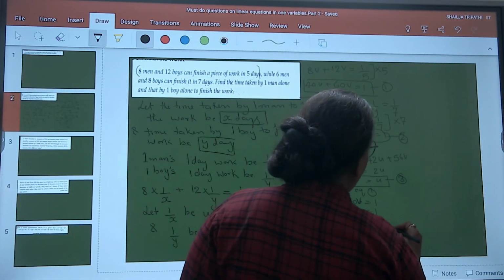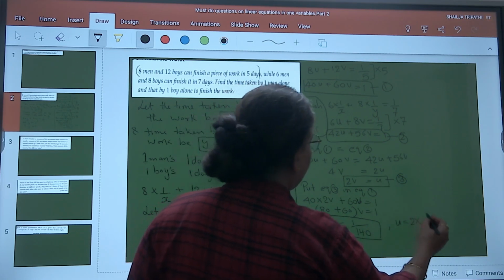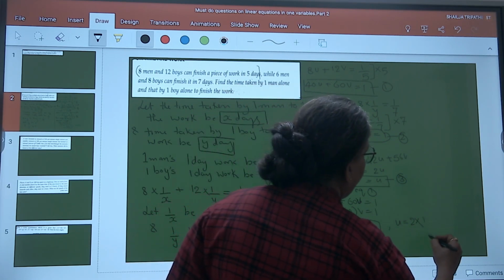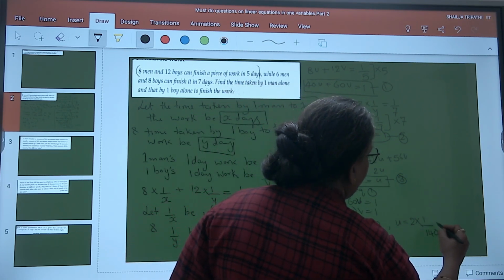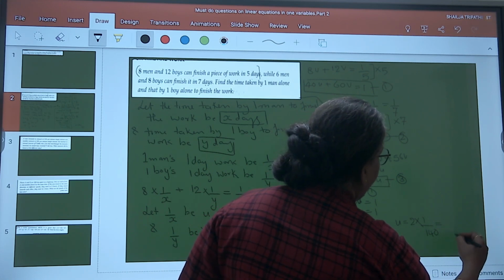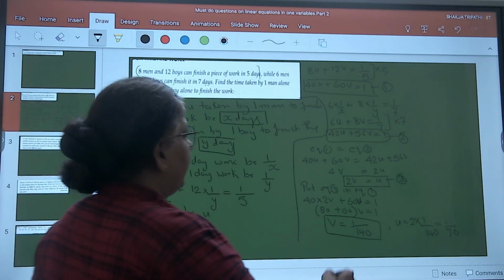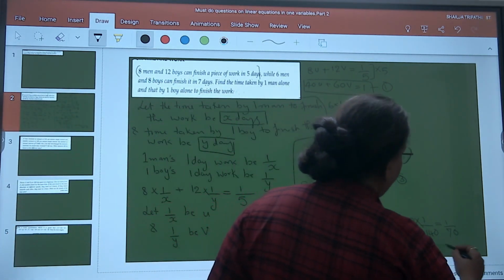So our u will be twice v, and v is 1 upon 140. So the value of u is 1 upon 70, and we have to find the value of x and y.